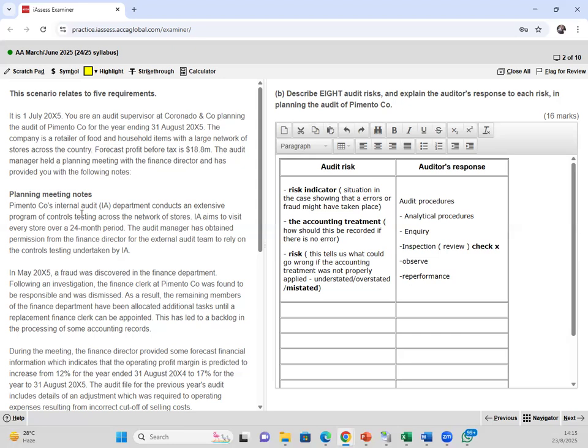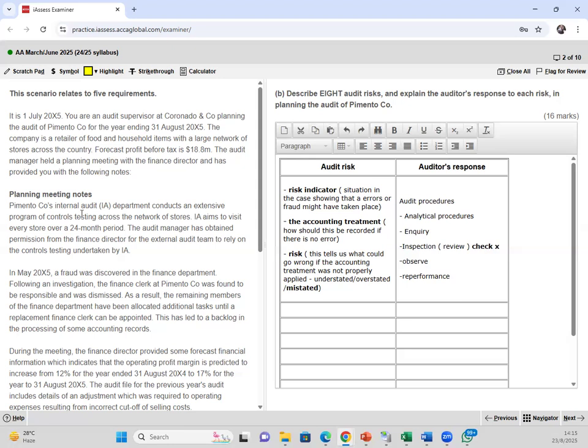The company is a retailer of food and household items with a large network of stores across the country. Forecasted profit before tax is 18.8 million. Why do they give you this amount? It's normally a materiality amount.